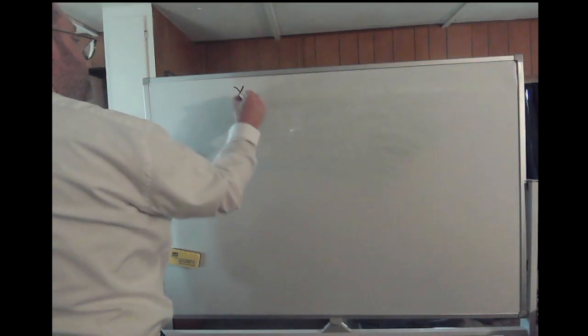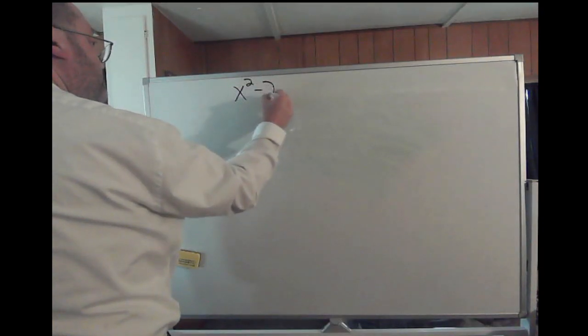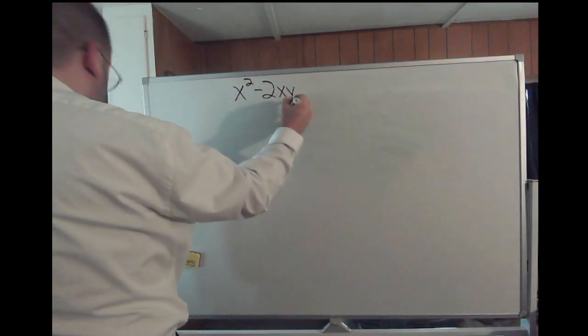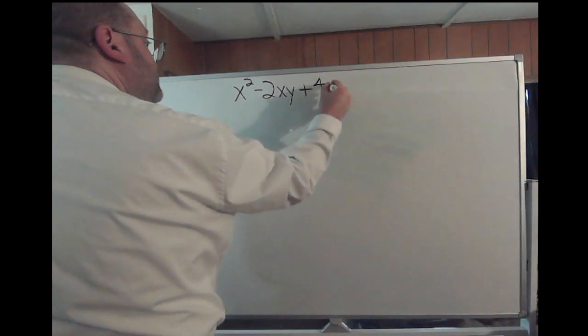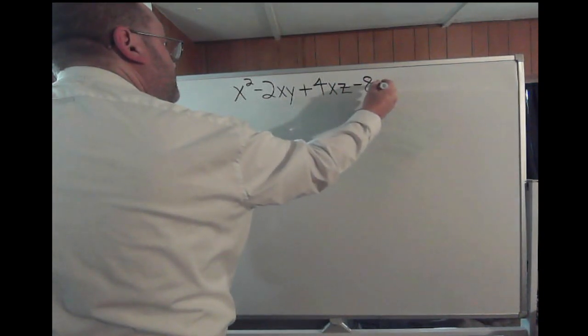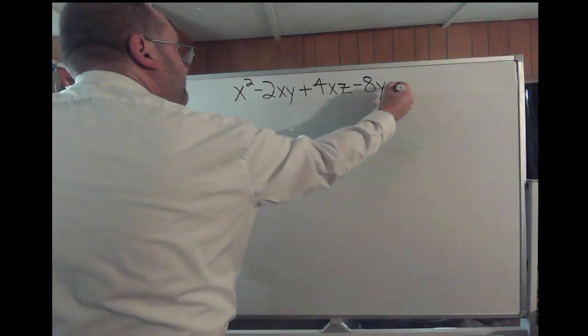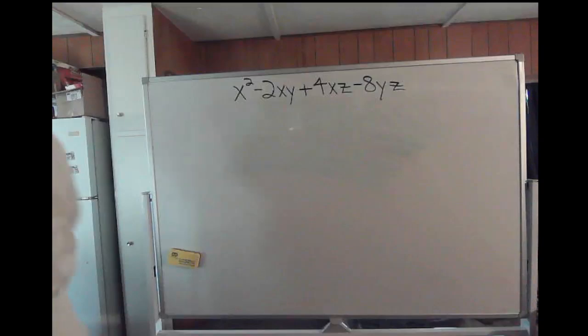Alright, x squared minus 2xy plus 4xz minus 8yz. Alright.